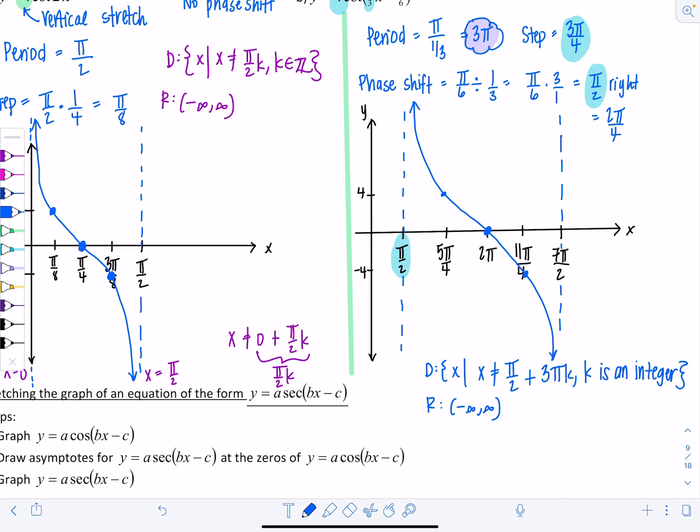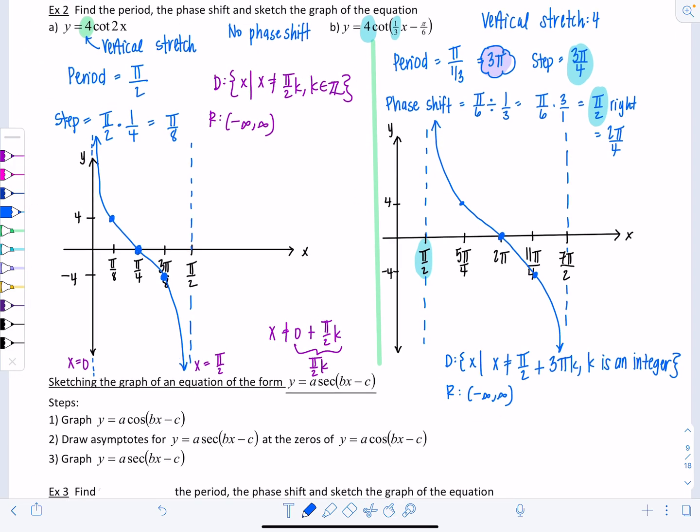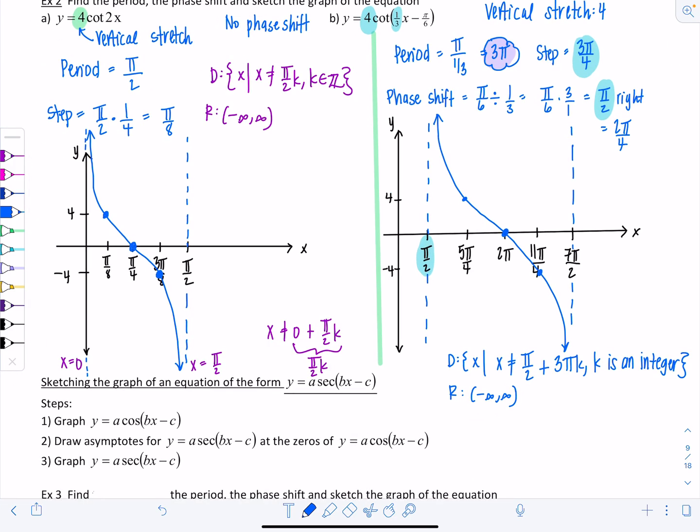Okay, now we're going to look at secant. The way you graph secant is you first graph lightly, like in another color, with dashed lines, the graph of cosine, okay? And then everywhere the graph of cosine is equal to 0, you're going to put a vertical asymptote for secant, right? Because secant's graph is 1 divided by cosine.